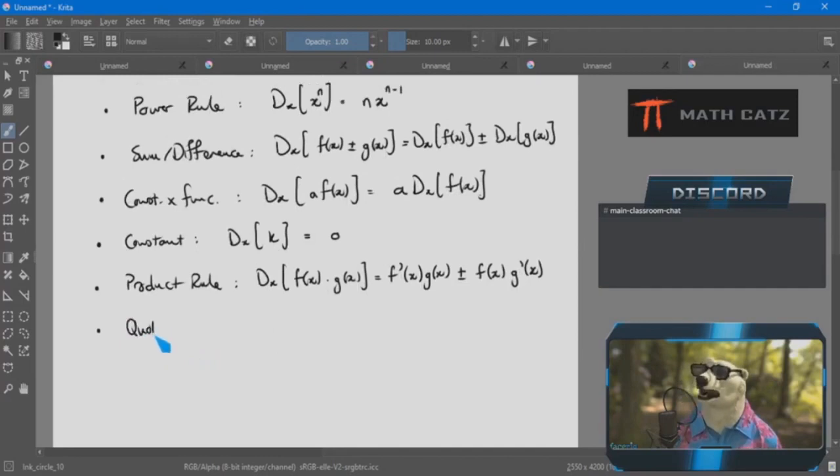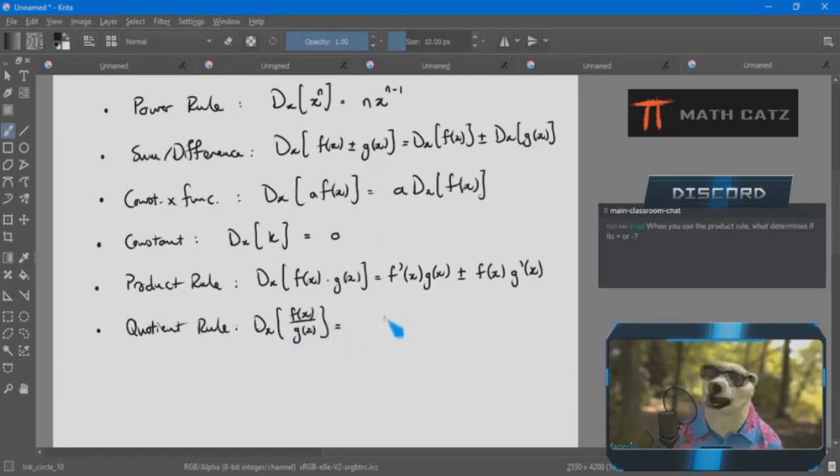Then you had to watch a video on the quotient rule, where the last way to combine functions in one of the four basic arithmetic ways is to have a fraction of functions. Then, let me just finish this one.